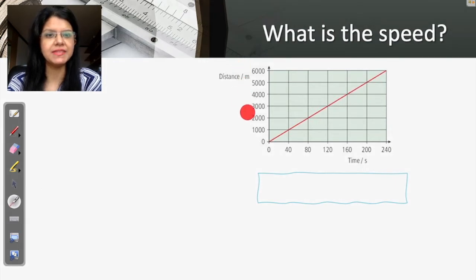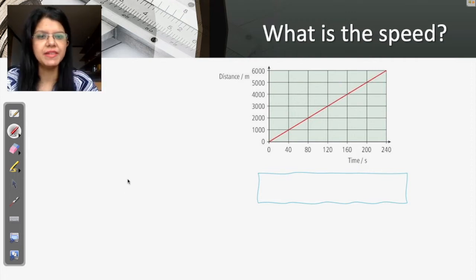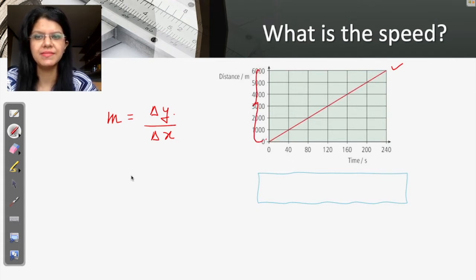You are given a distance time graph. Can you work out the speed here? It is simple to do. All you have to do, you have to find the gradient of this line. So let us work out the gradient here. Gradient is change in y over change in x. So how much is the change in y happening here? Right?